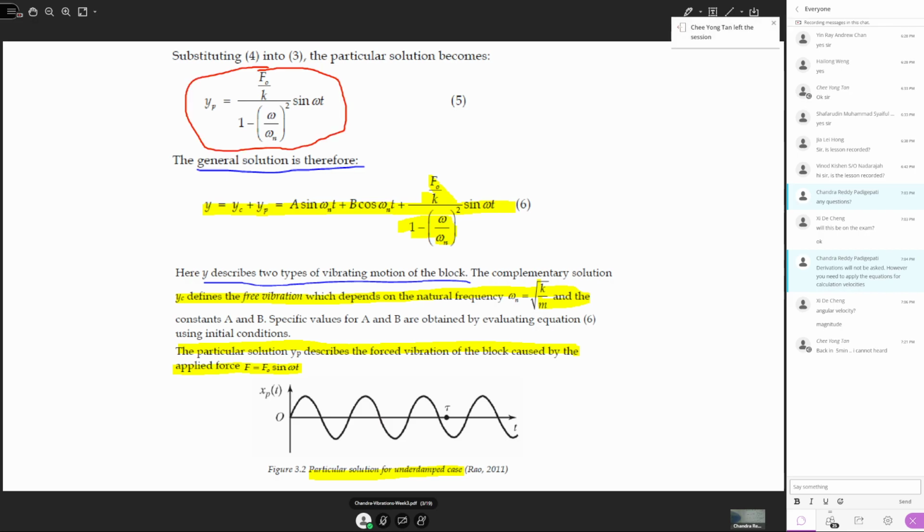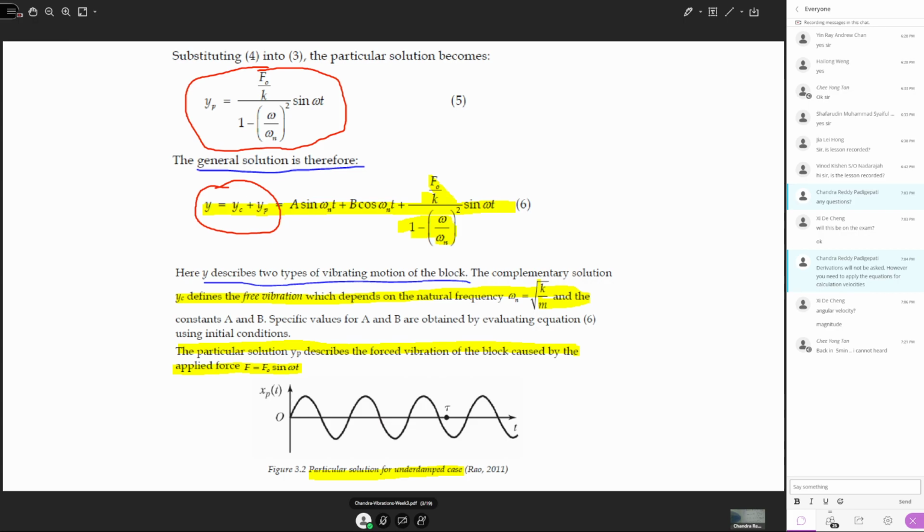So Yp is the particular solution for the forced vibration. Now what will be the complete solution? Y is the sum of the two components: the complementary solution plus the particular solution.